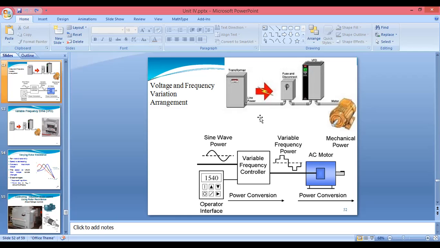So here we have finished the first method used to control the speed of the three-phase induction motor, which is variable supply voltage and variable frequency.